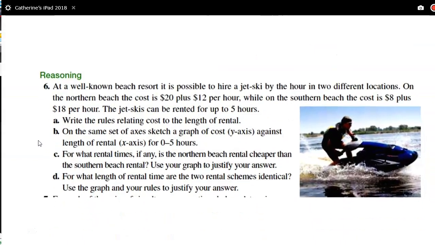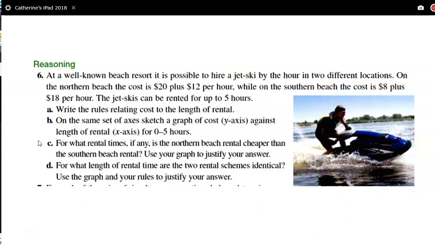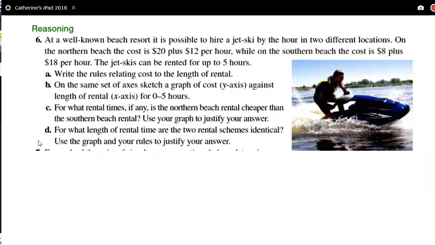Now, we haven't set this question, but I just want to run through a little bit about how to read it. At a well-known beach resort, it is possible to hire a jet ski by the hour in 2 different locations.